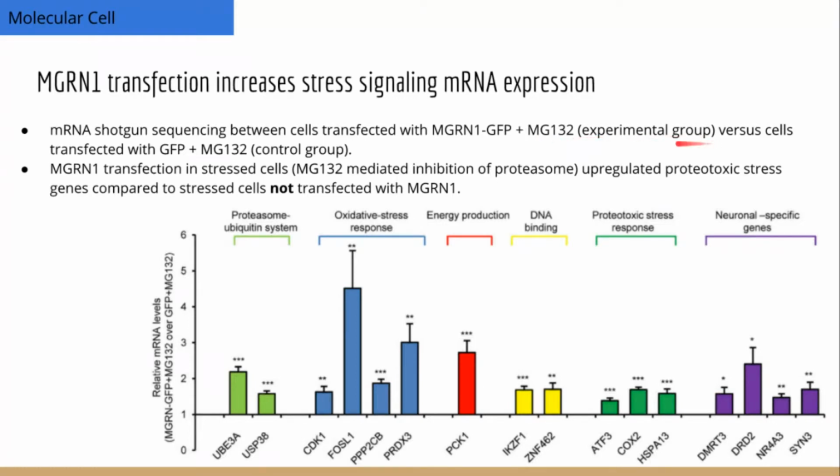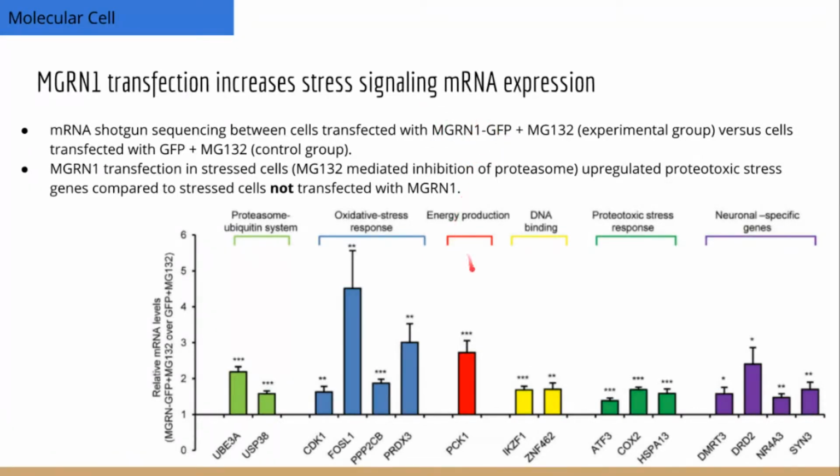This is the experimental group, and they were comparing that to control cells transfected with GFP and also treated with MG132. So the only difference between these two cell groups is the overexpression of MGRN1. So any changes in transcription could be attributed to the overexpression of MGRN1.